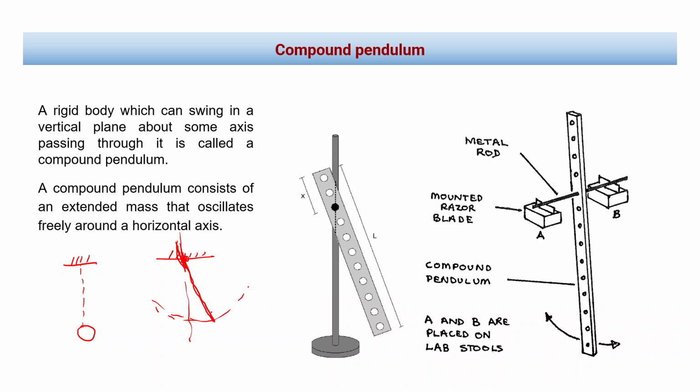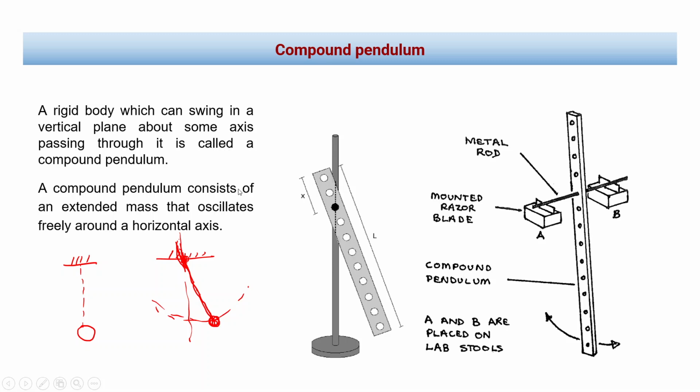It's doing to and fro motion, but here the mass is not at the end, it's throughout this body. It is defined as a rigid body which can swing in a vertical plane about some axis passing through it.